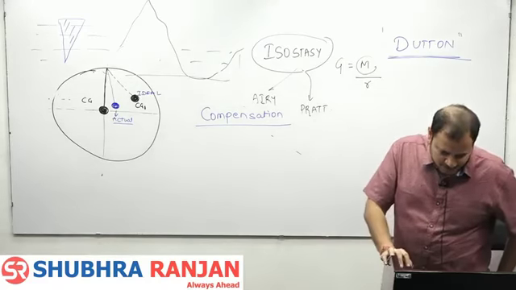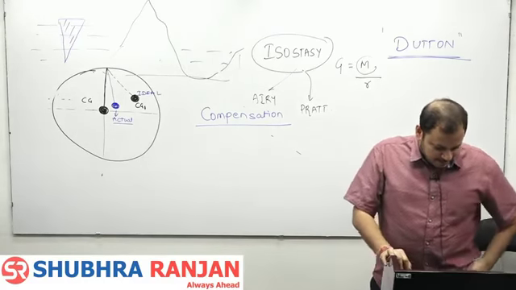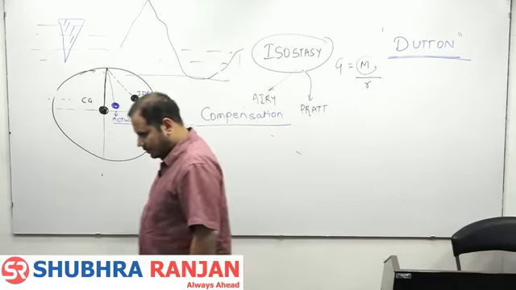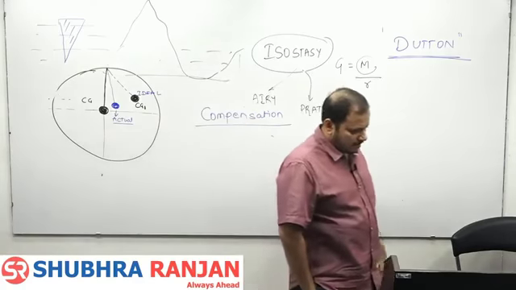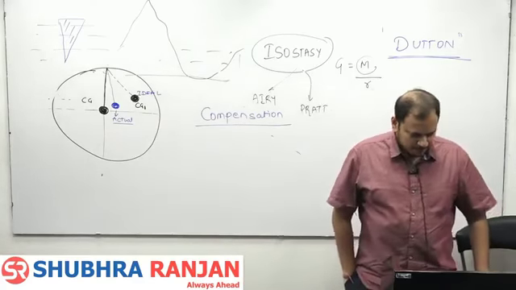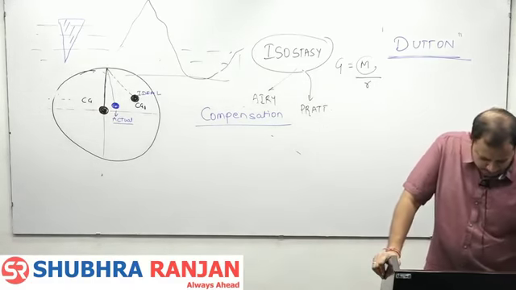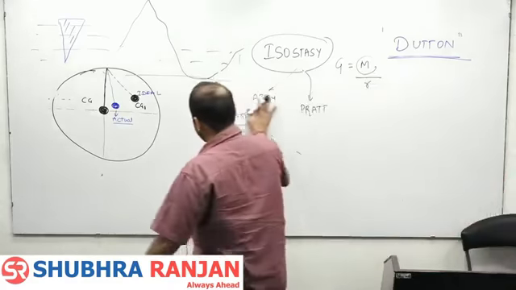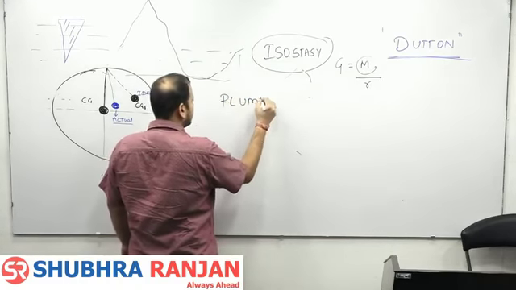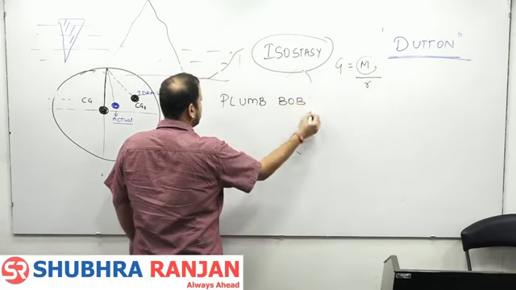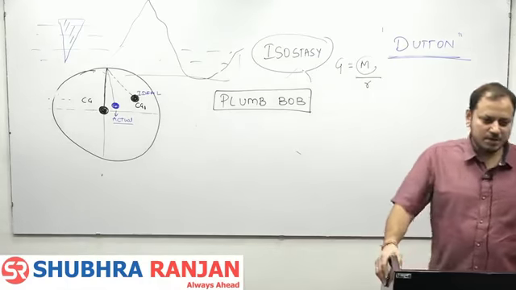So all the land masses have mass and exert the gravitational force. And because of the gravitational force, they influence the plumb bob.